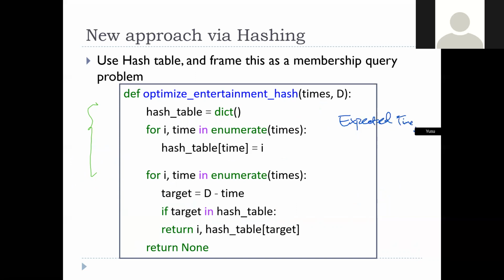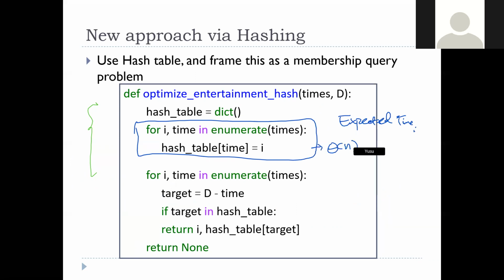We're doing an insertion, and that is order of n because it's constant time each and you have a linear number of them. Now, this for loop is going to iterate over each of the n movies in your list, so that's going to run n times.